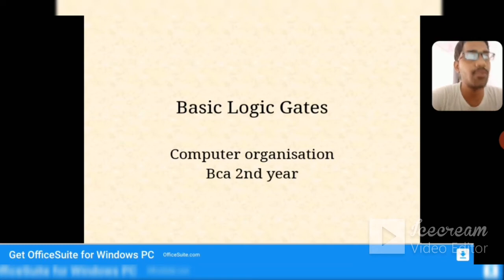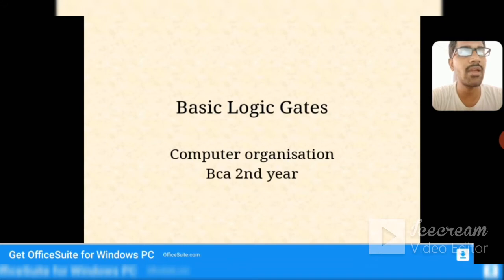So as I have told you, there are seven kinds of logic gates, 7 to 8 kinds of logic gates. Out of these, some are classified into basic logic gates and some are classified into universal gates. So we will discuss how the gates are functioning, the functionality of all the gates.